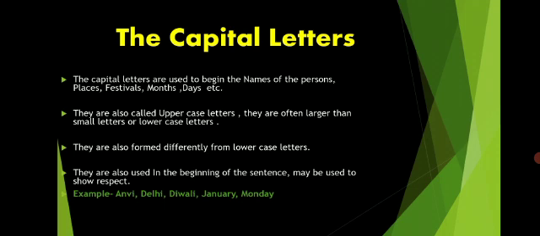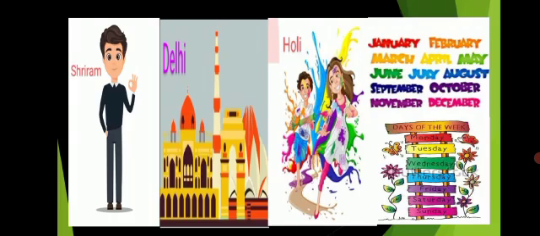For example, the name of a person will start with a capital letter, as you can see in the picture. The second example is a place: any place name will start with a capital letter.